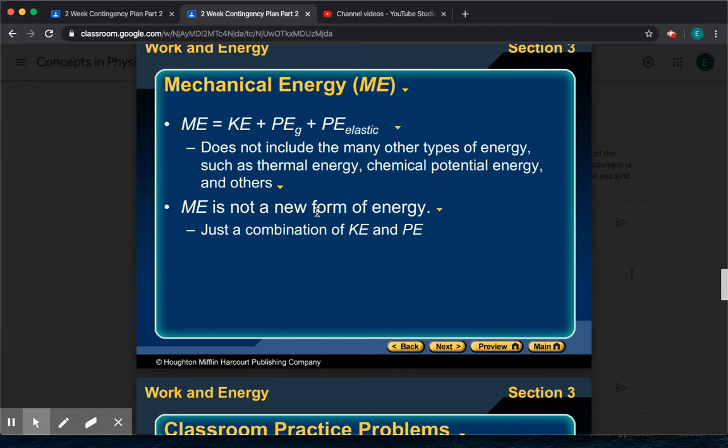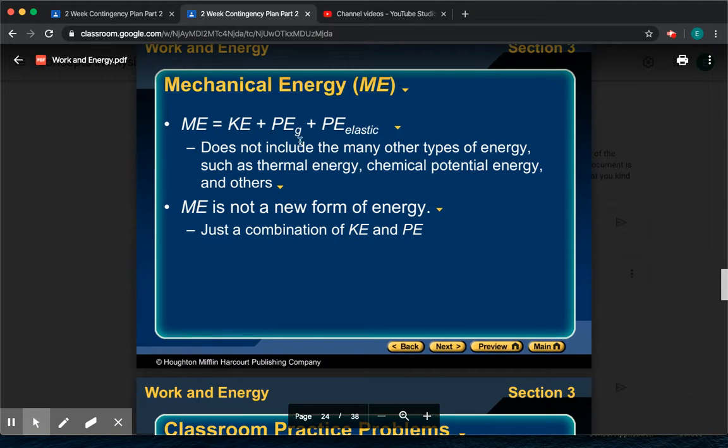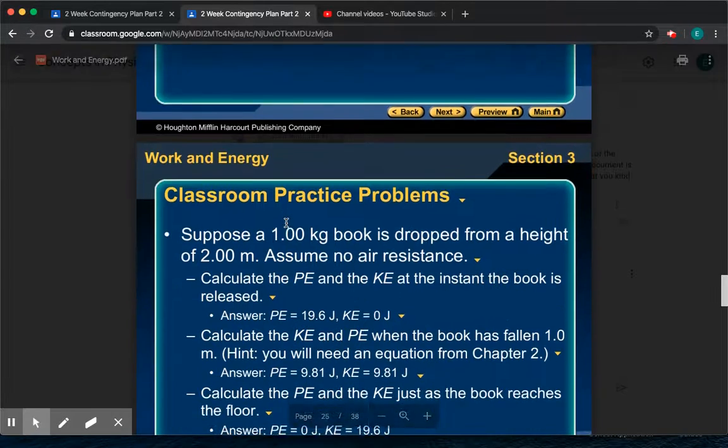Mechanical energy is the sum of kinetic energy plus gravitational potential plus elastic potential. Remember that elastic potential has to do with springs and rubber bands. Gravitational potential has to do with height.